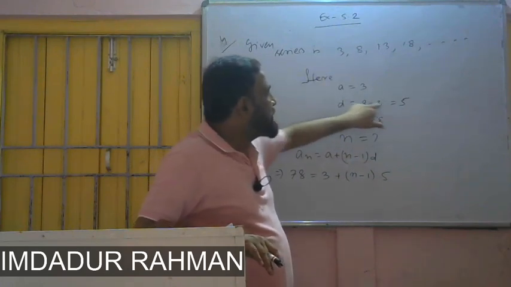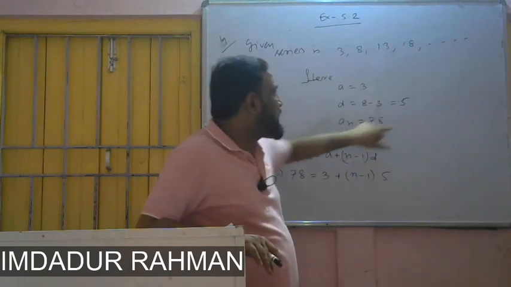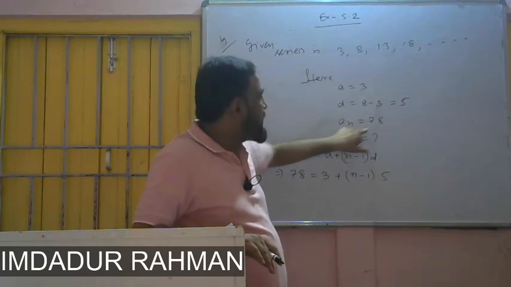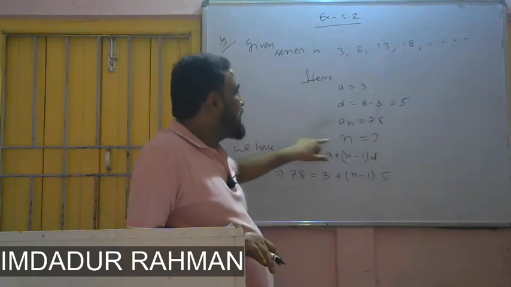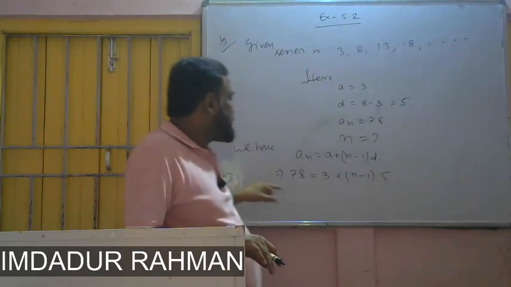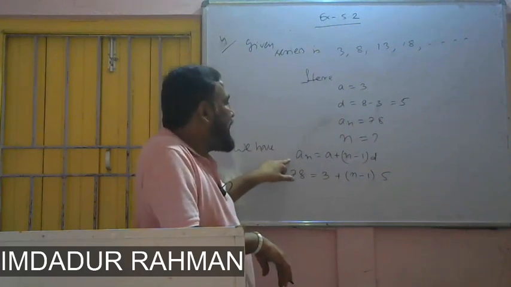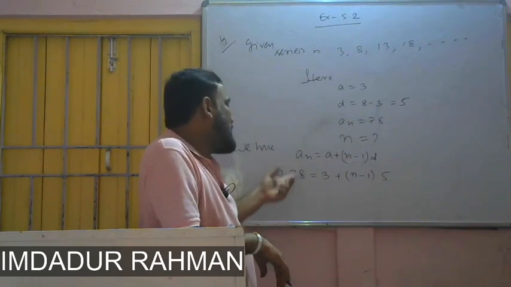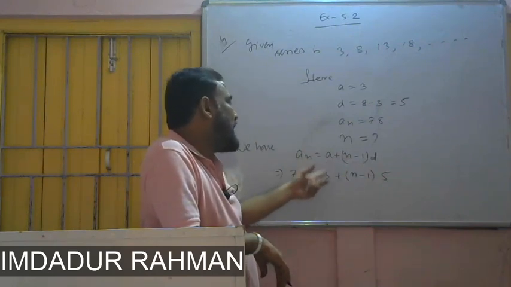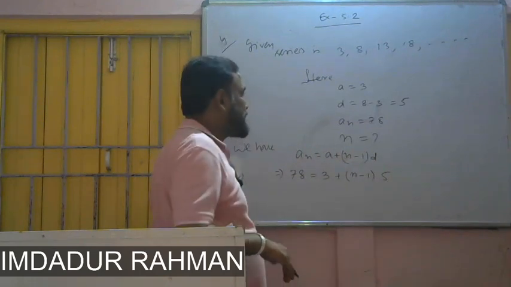D is the common difference, second term minus first term, that is 5. AN is given as 78, and we have to find out which term number it is. N is the question mark. Now we will use the formula AN is equal to A plus N minus 1 into D. Put in the value of AN, N we don't know, and D is 5.